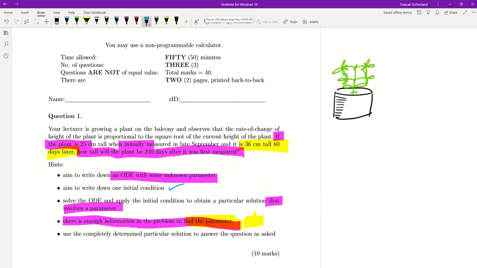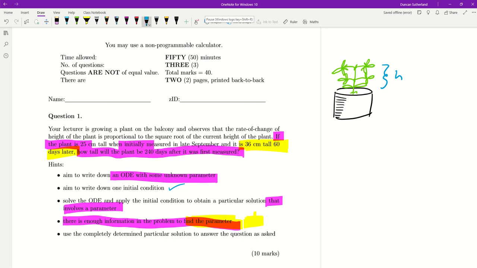Okay, so let's dissect this. I don't know any notation. The question has not provided me with any sort of notation whatsoever, so I'm going to have to assign some. I've got the height of the plant that I'm interested in. I'm going to call that H. I know the height of my plant is changing in time, right?